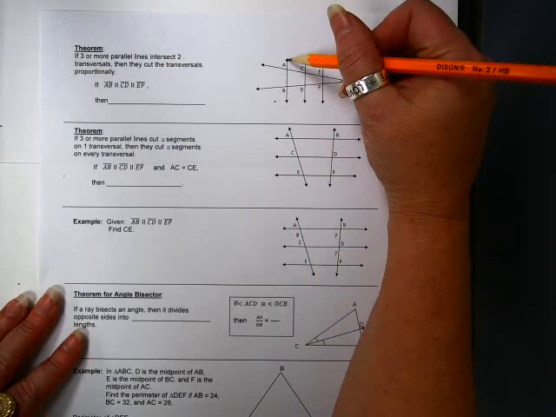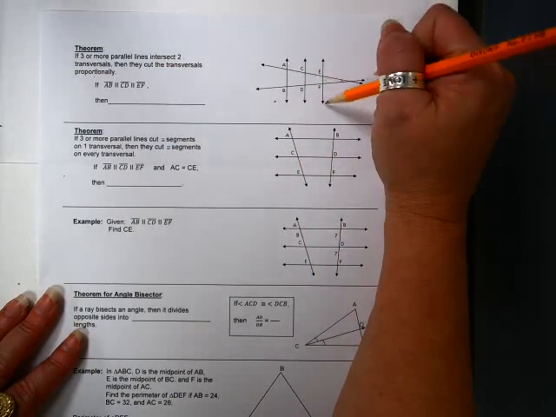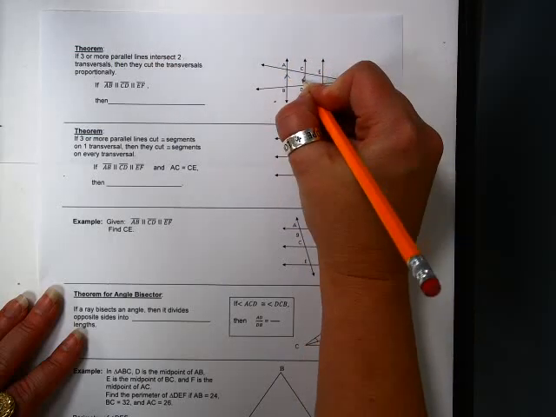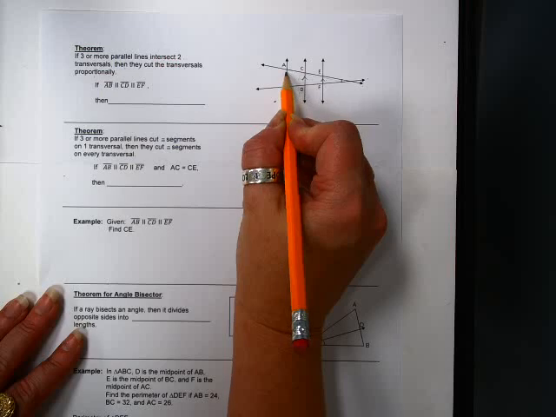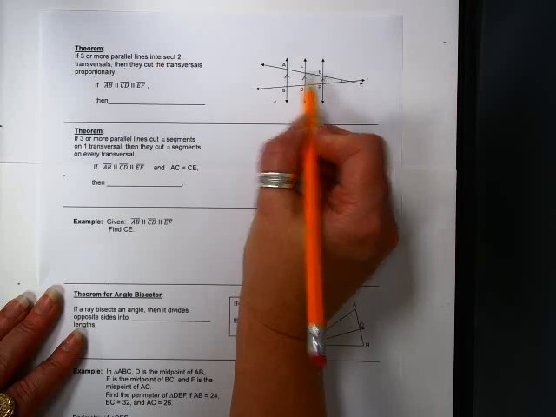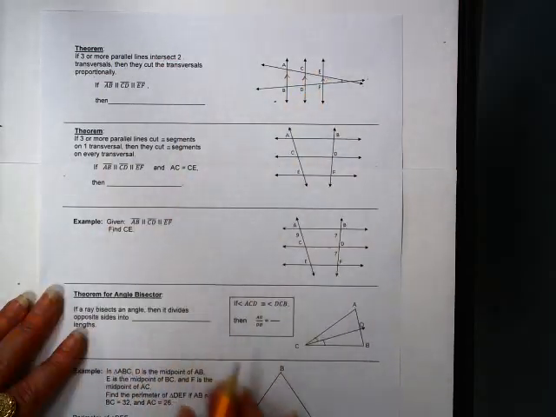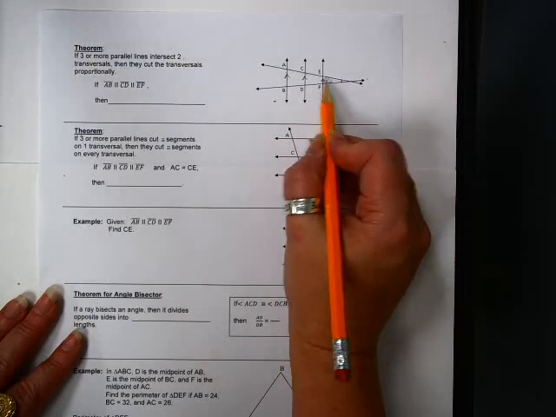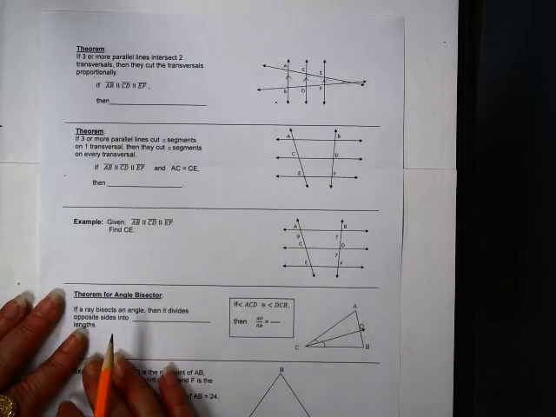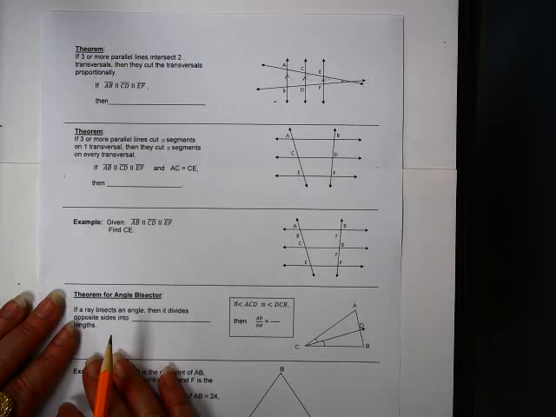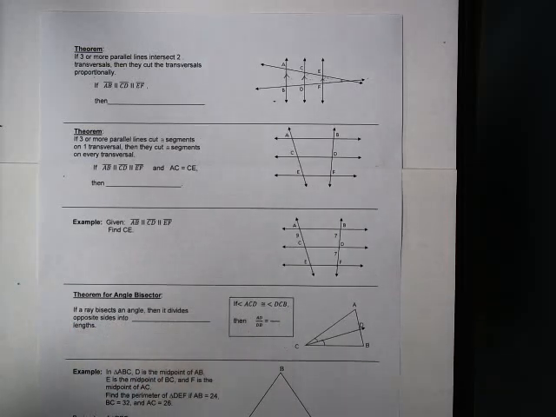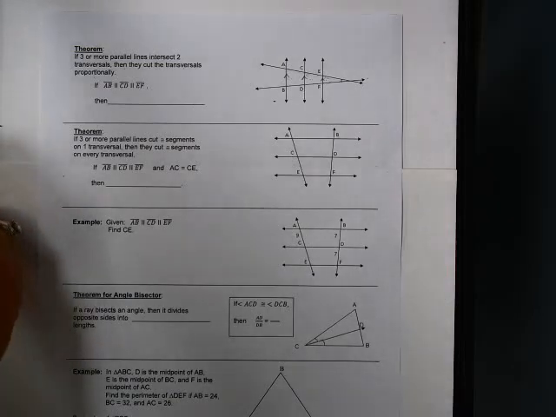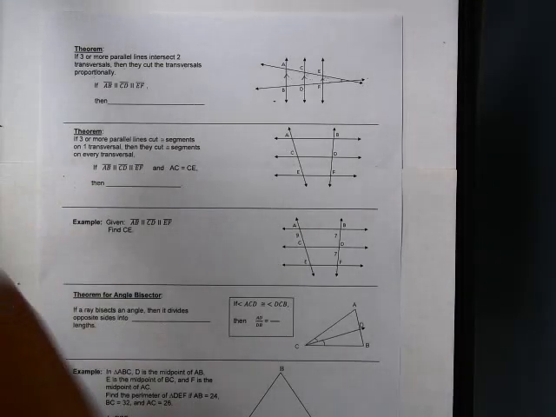And if these are all parallel, parallels cut by transversals, you know that these angles right here are congruent because of corresponding angles. So now we know that all 3 of the overlapping triangles are similar, therefore the sides are proportional. So what I'm going to do is, again, color code the sides for you.